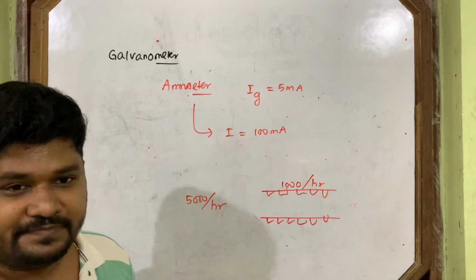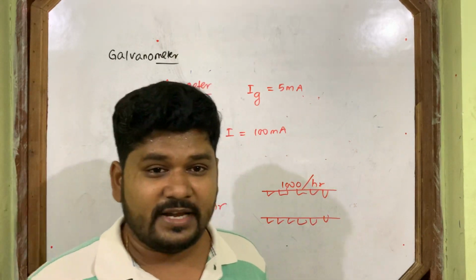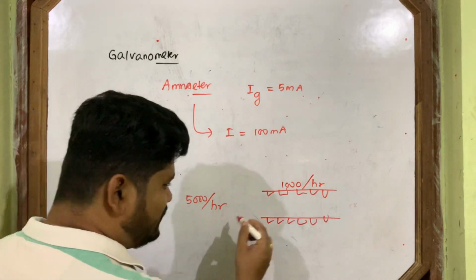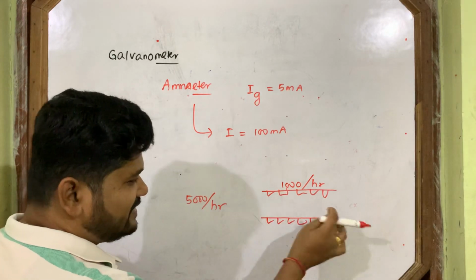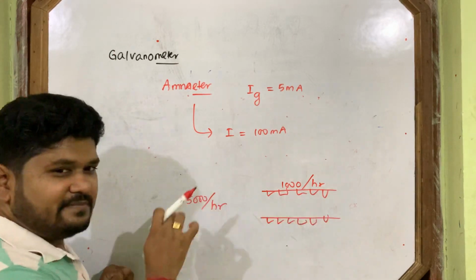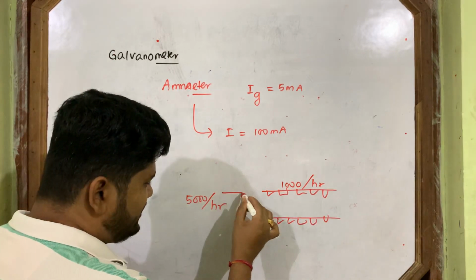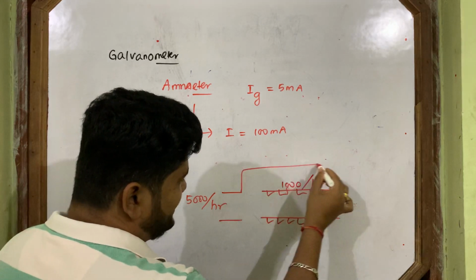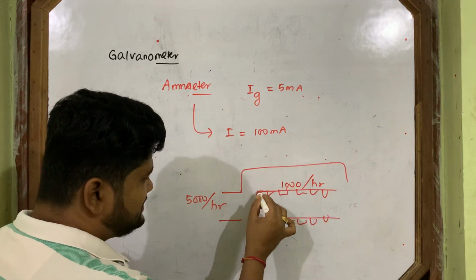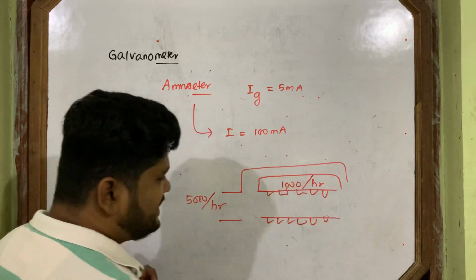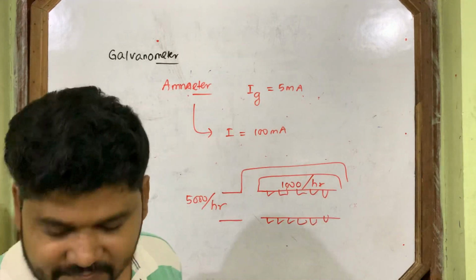Those who don't have work in this particular area, for them the government made a bypass. This is called a bypass.